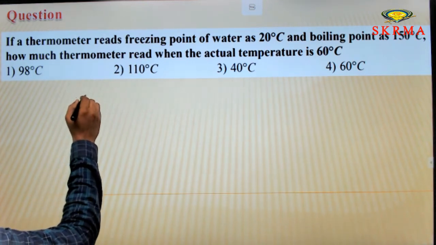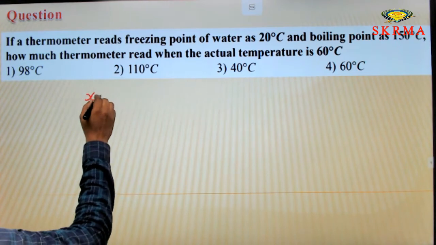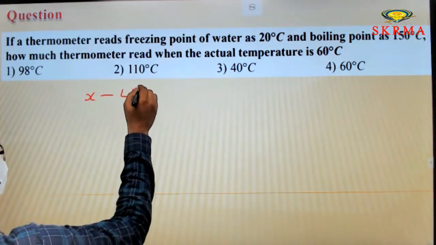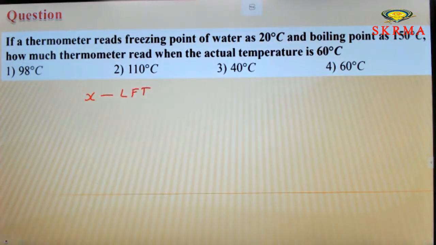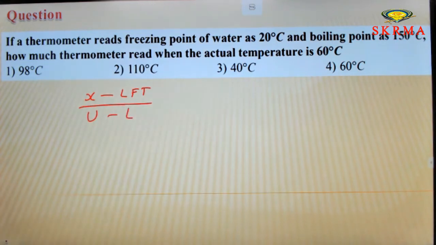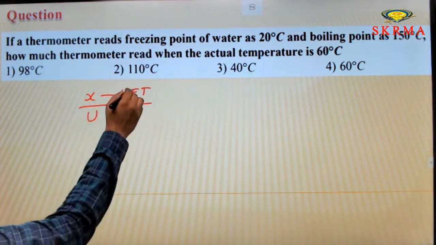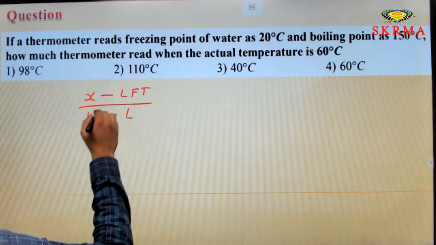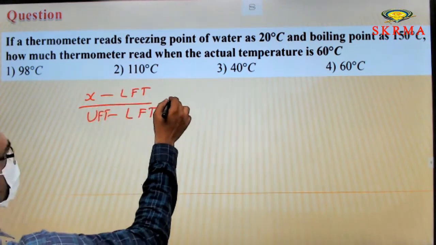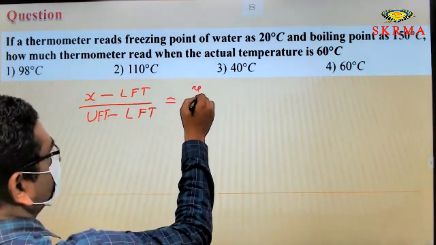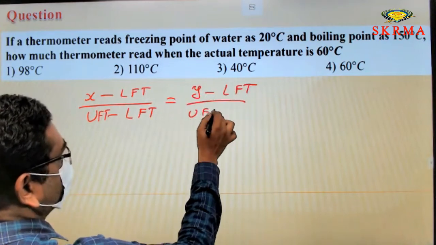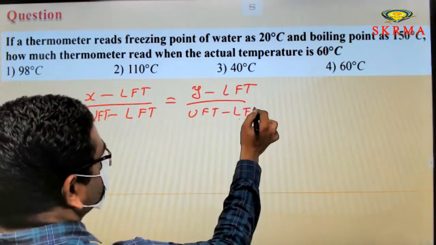Temperature in system X minus lower fixed point temperature, by upper fixed point minus lower fixed point, equals the same in system Y.